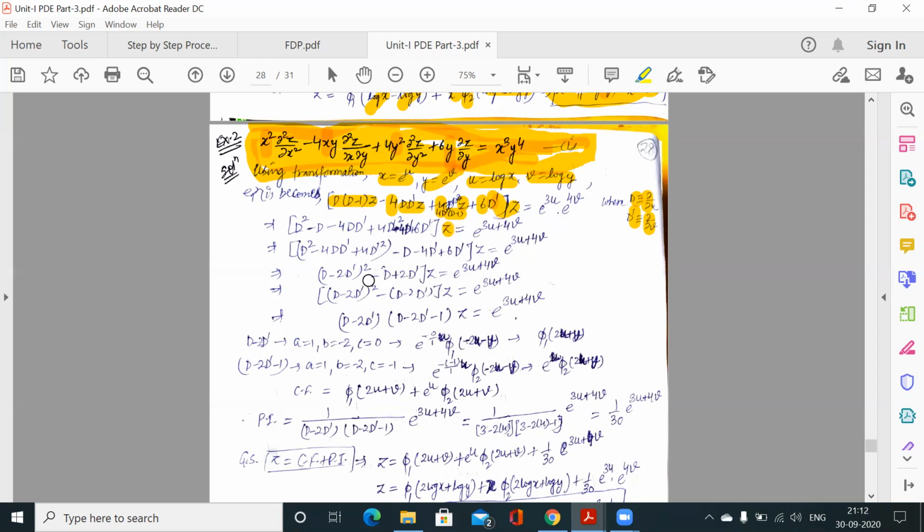So what is left there? D square, so this is D square minus D. This is minus 4 D D dash. Next, this is 4 D dash square and minus 4 D dash, minus 4 D dash. This is D dash, D dash minus 1, and the last term is 6 D dash.